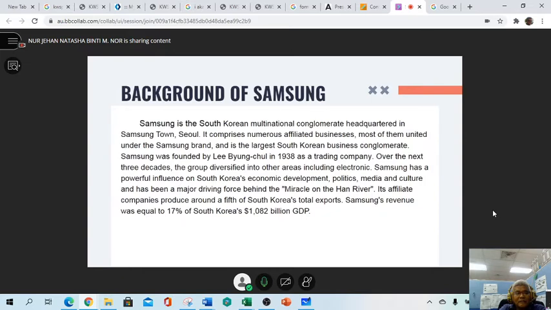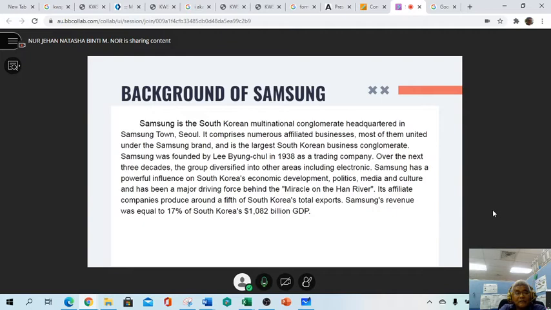Samsung was founded by Lee Byung-chul in 1938 as a trading company. Over the next 3 decades, the group diversified into other areas, including electronics. Samsung has a powerful influence on South Korea's economic development, politics, media, and culture, and has been a major driving force behind the Miracle on the Han River.